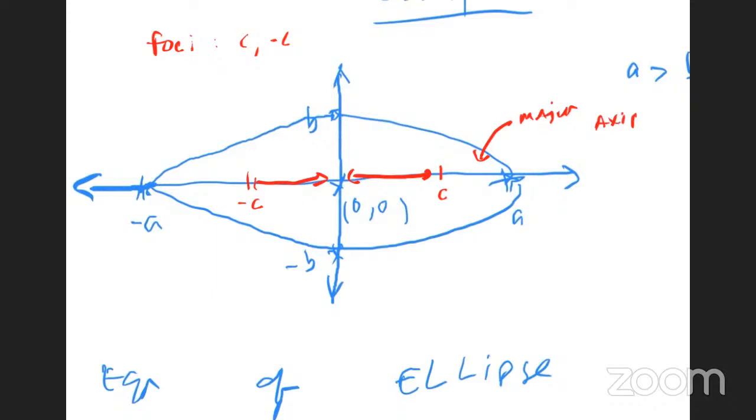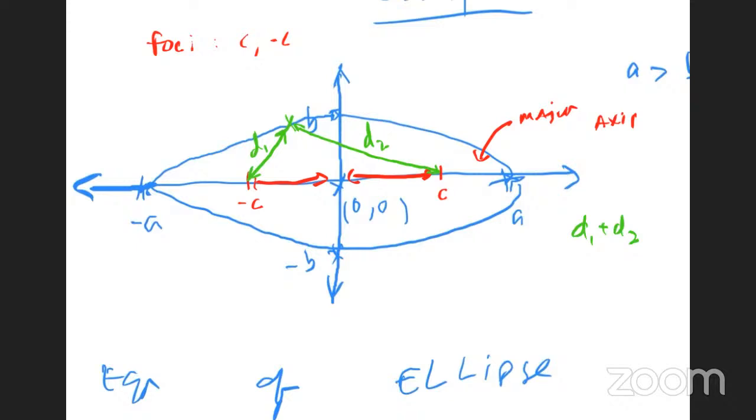And watch this here. Let me see if I could do it in different colors. If I were to draw a line from here to here and call that D1, and draw a line from here to here and call that D2, the sum of those values is a constant.